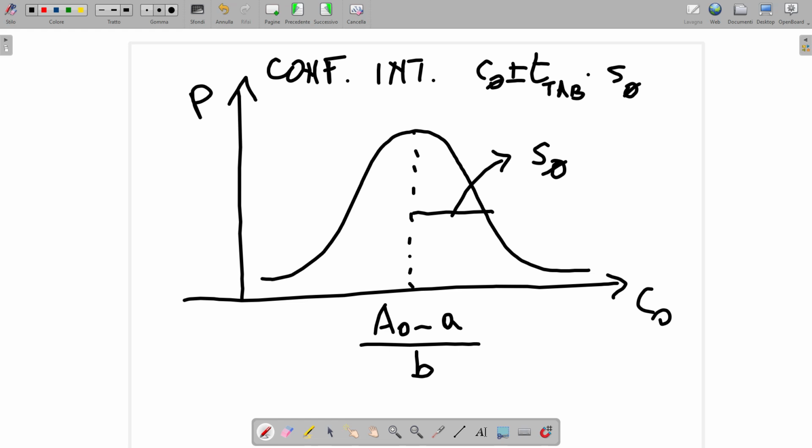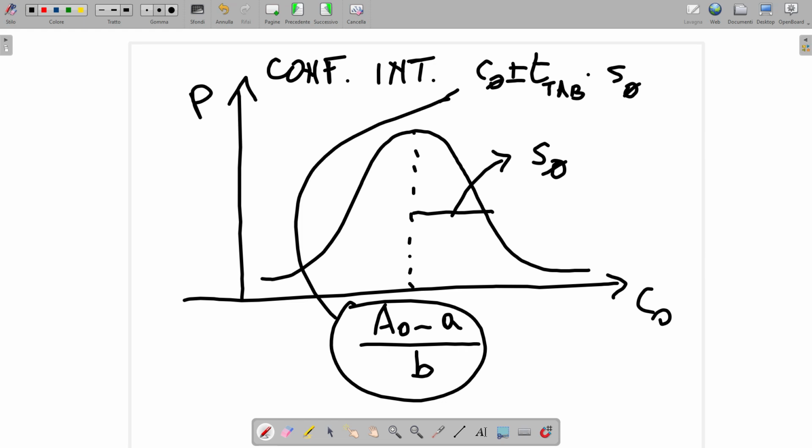C0 should be A0 minus A over B. Yes, right? This is the value of C0 calculated from the problem. And on the x-axis, I have all the possible values for C0.